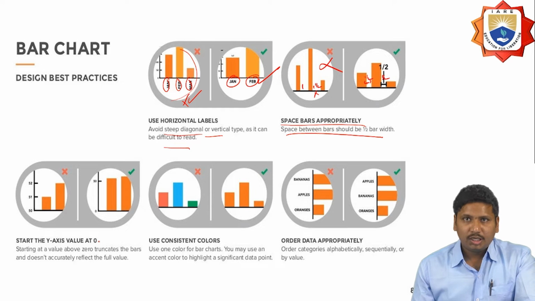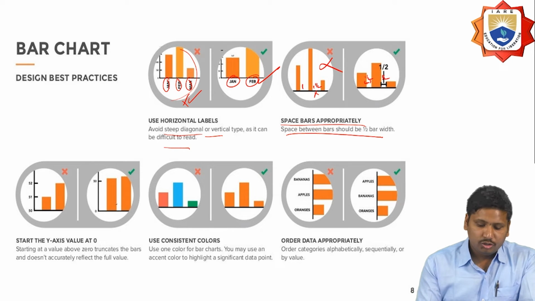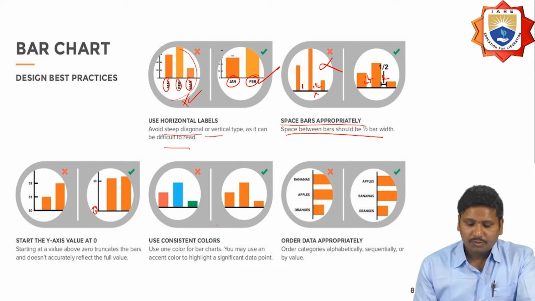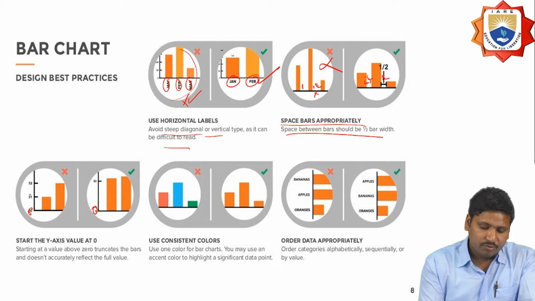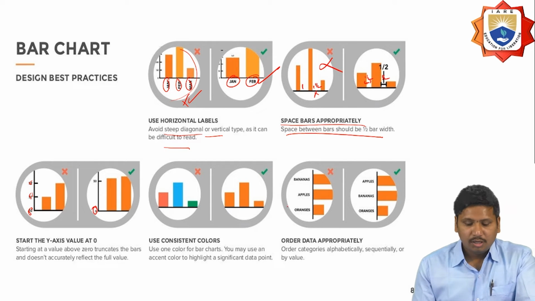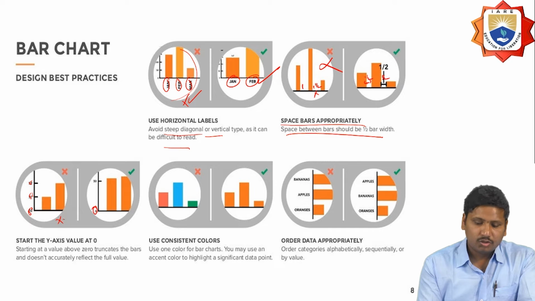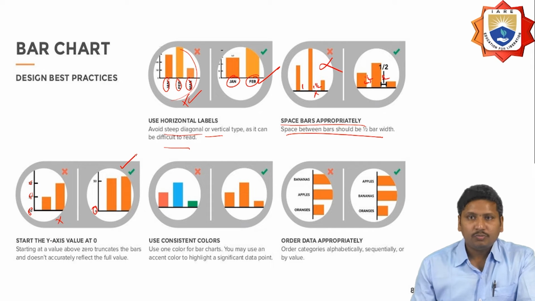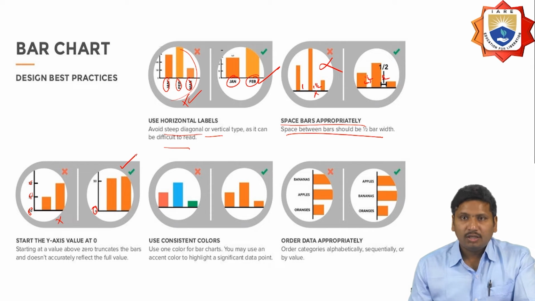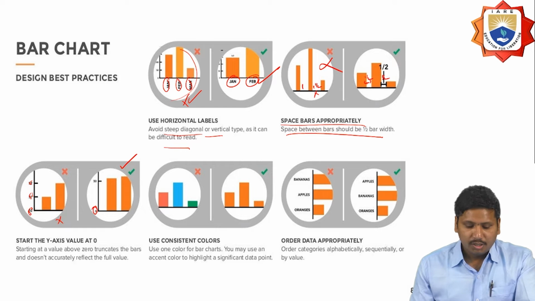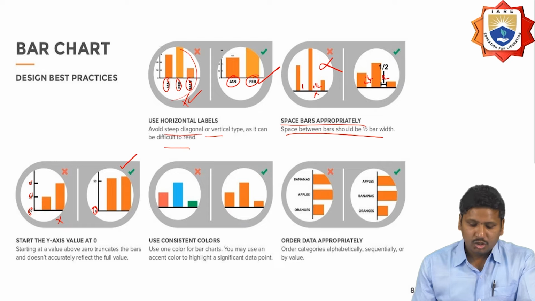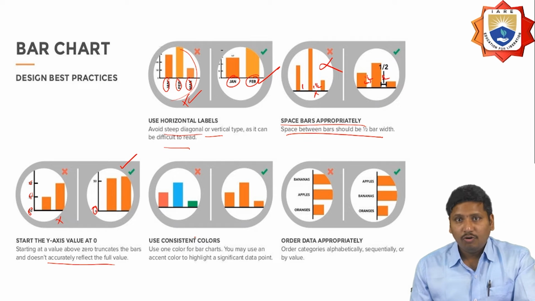Whatever bar chart I'm drawing should start with 0. If I start from 50 or 51 or something else, the type of chart is not suitable, and this should be the constraint. So start the y-axis value at 0. Starting the value above 0 truncates the bars and does not actually reflect the full value.